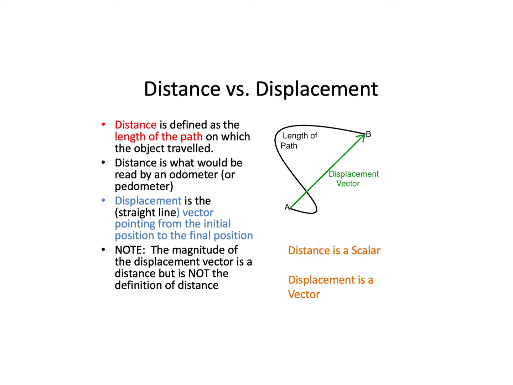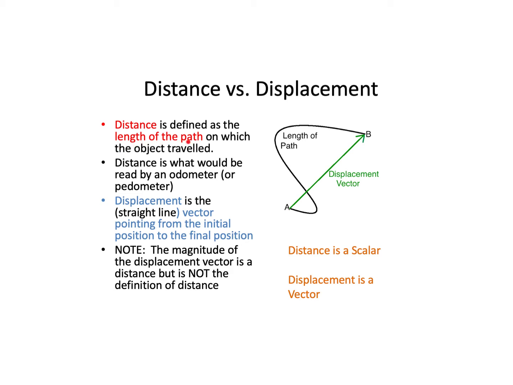Okay, so let's look at this picture here. I've got some guy and he wants to go from point A to point B. Maybe this is his cabin, and over here a few miles away is some general store. And so he gets in his car and he drives down this curvy mountain road to get to the store. And the distance is the length of the path that he travels. And so that is all that distance is.